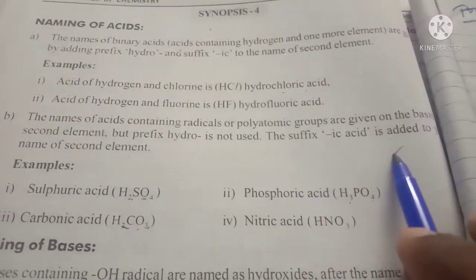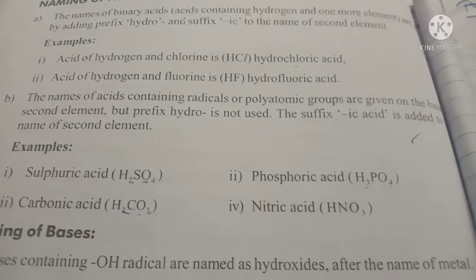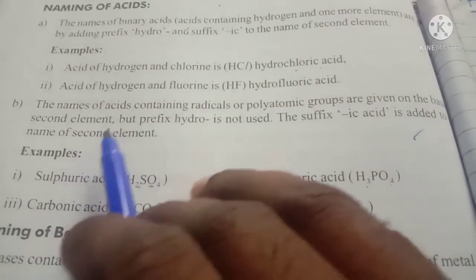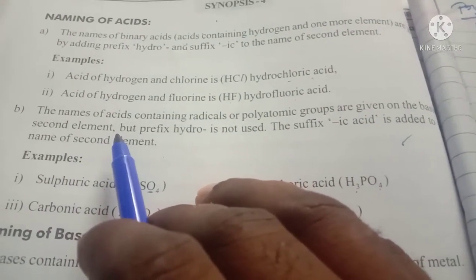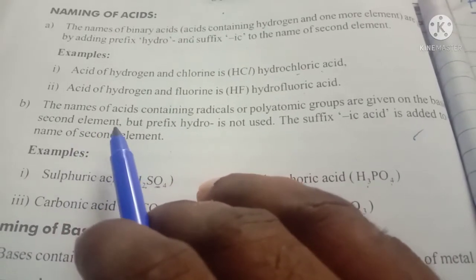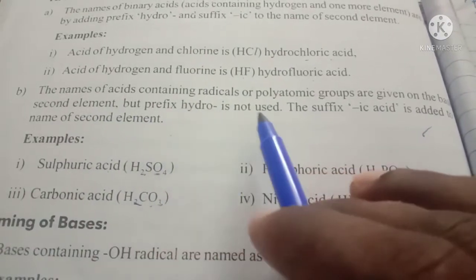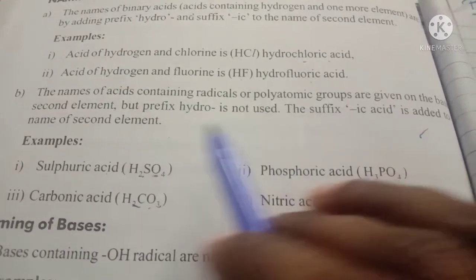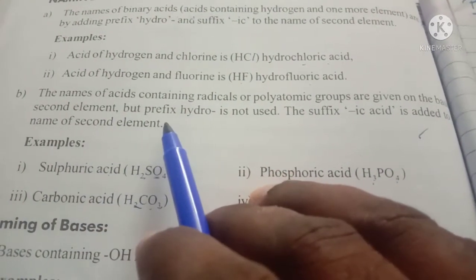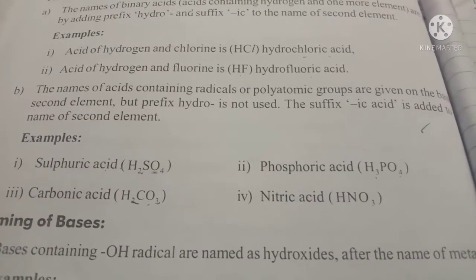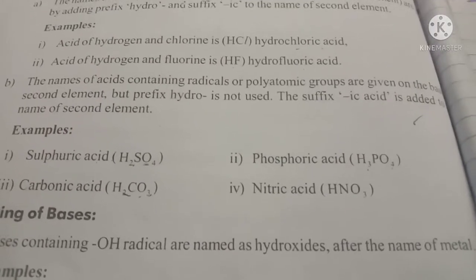The name is given on the basis of the second element, IC is added to the name of the second element, but not to the third element. We are neglecting that.